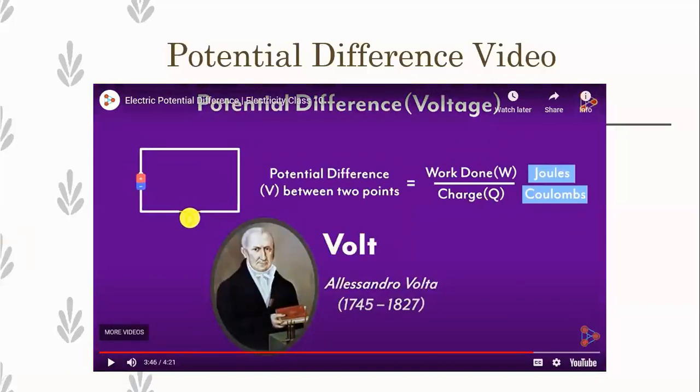Okay, please write this down also into your notes, the equation for potential difference. So write all of this out, where the potential difference between 2 points is equal to the work done divided by the charge. Remember, this is joules, or the unit for work. We learned about that back in our energy unit.